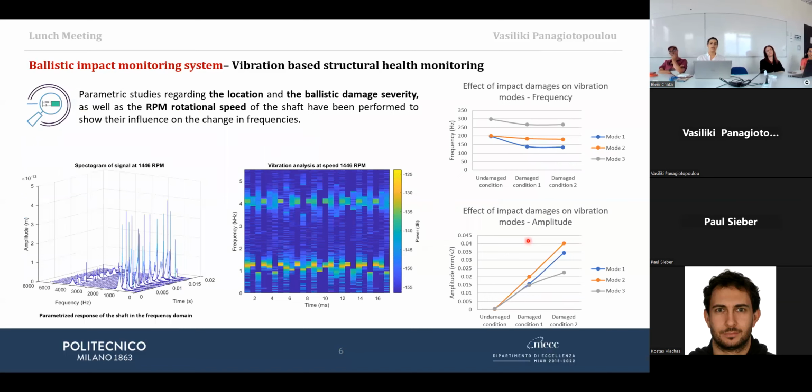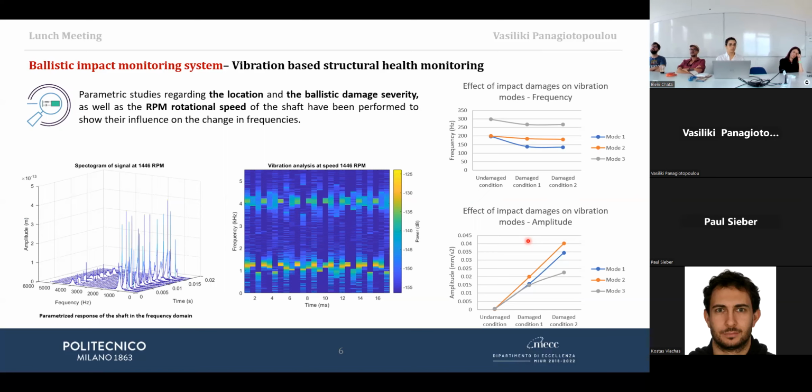Typically, the structural health monitoring of rotating machinery is vibration based. So what we do is we process vibration signals and we try to extract some features in the frequency or time domain, or perform order analysis, and understand how the state of the structure has changed due to specific reasons, due to damages, for example.